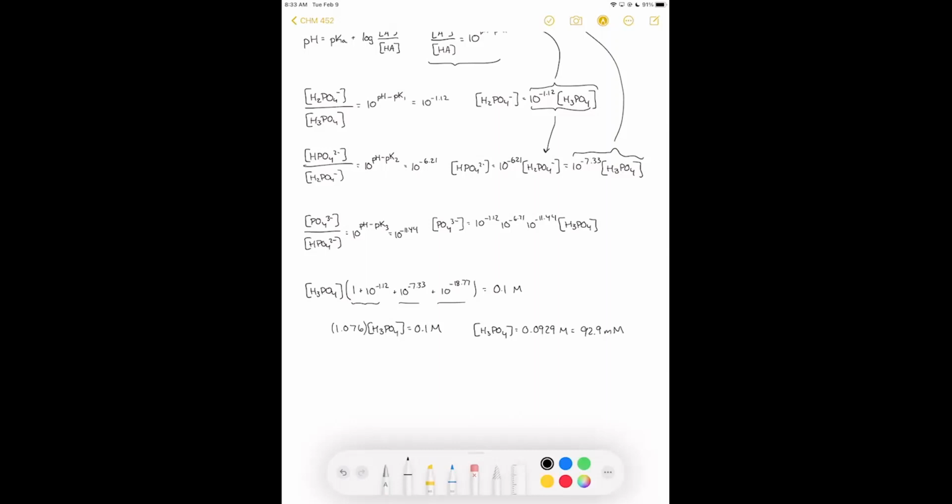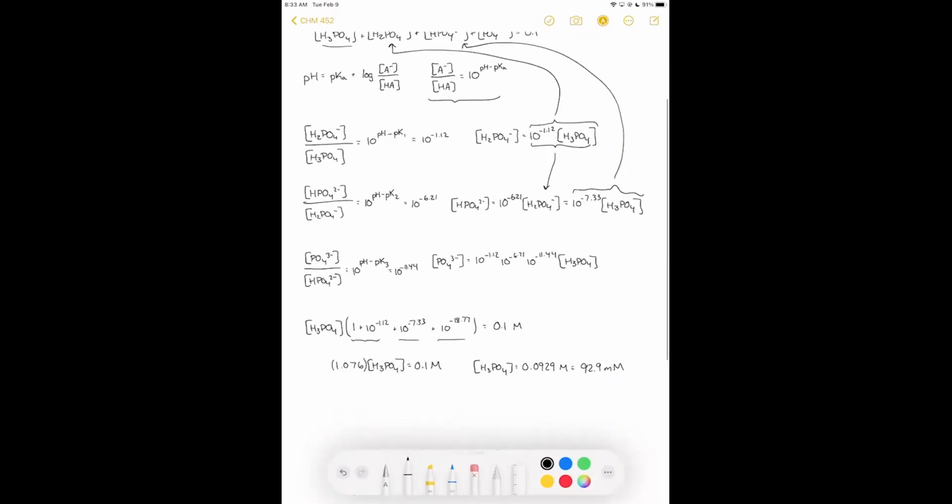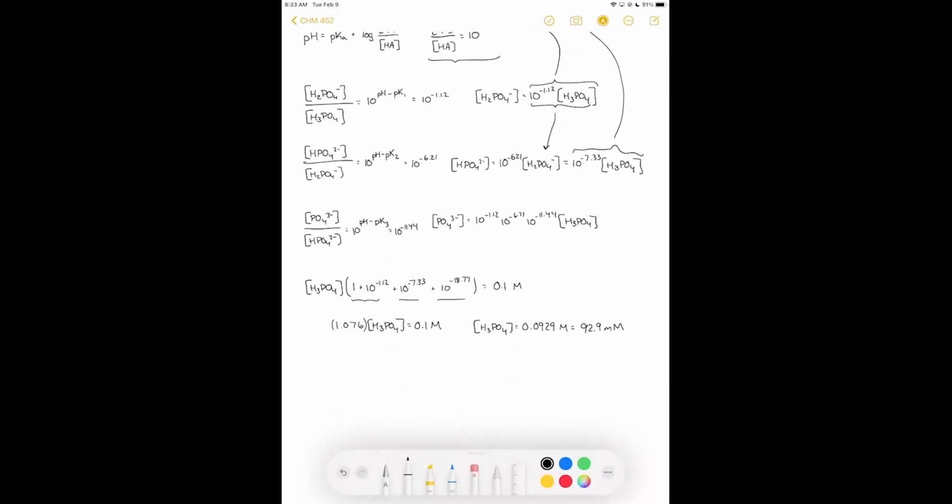And this makes sense. If we go back and look at our original equation, we are at pH 1. We are approximately 1 pH unit away from the pKa. So we would expect for that deprotonation event to be about a 9 or 10 to 1 of our acid to our base. And so we see approximately 90 millimolar of our acid.